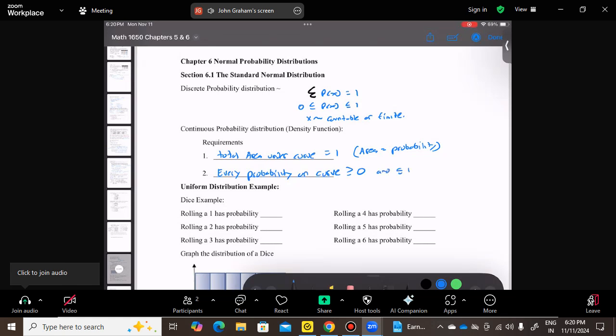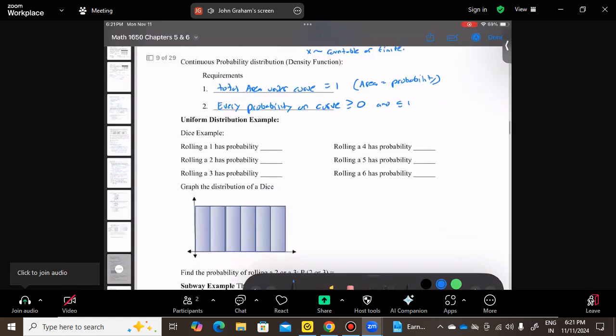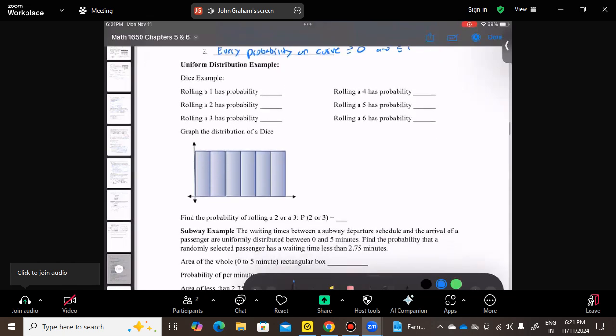So we're going to start with what's called a uniform distribution. This is when every possible value has the same chance of happening. Now we're going to look at it through rolling a die. There are 6 different chances: you can get a 1, a 2, a 3, a 4, a 5, or a 6.